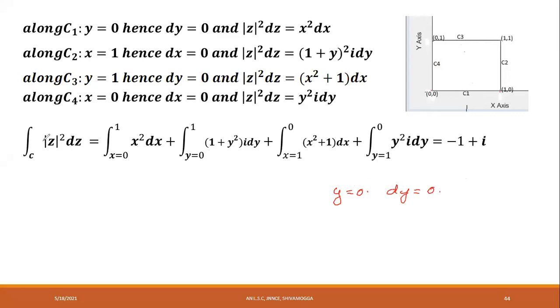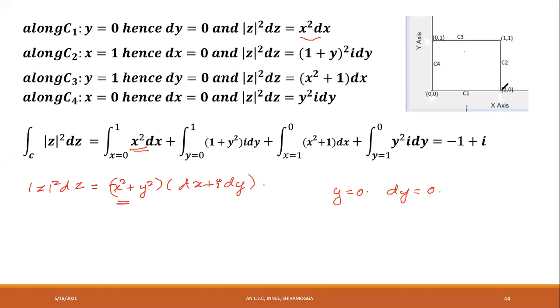We obtained that mod z whole square into dz is equal to (x square plus y square) into (dx plus i dy). Substituting y is equal to 0 and dy is equal to 0, we get x square into dx along C1.